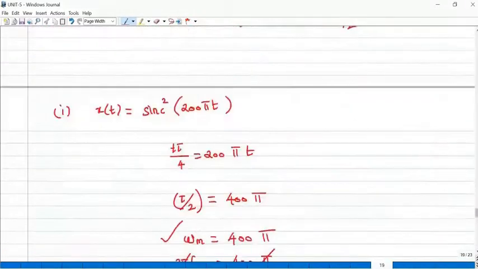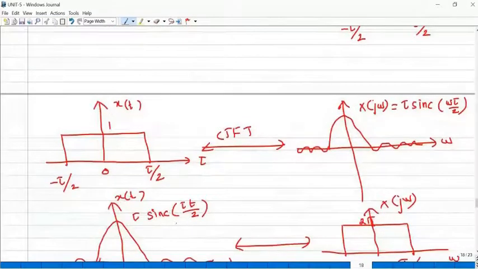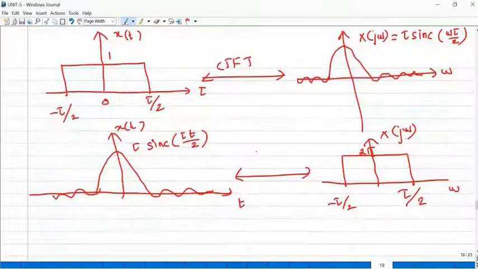Sinc of some function. What is the Fourier transform? That is the introduction class. Sinc of some function, if you take the Fourier transform, you will get a rectangular pulse like this, from minus tau by 2 to tau by 2.